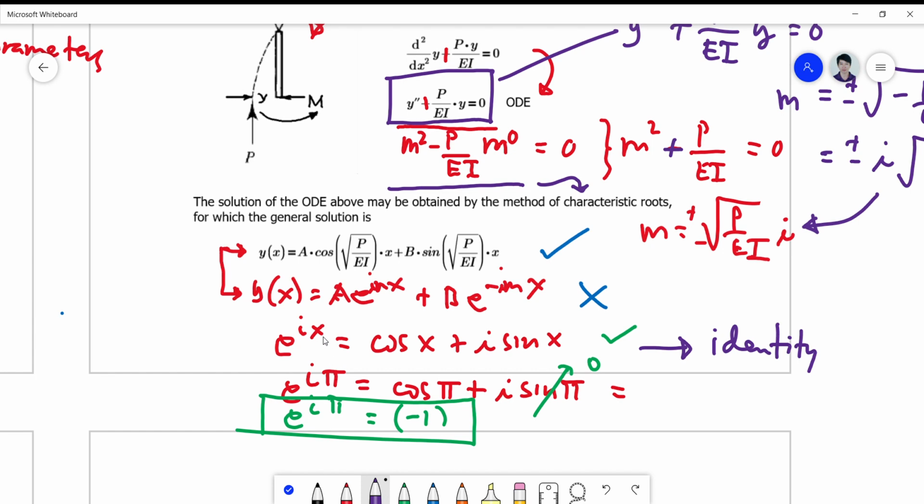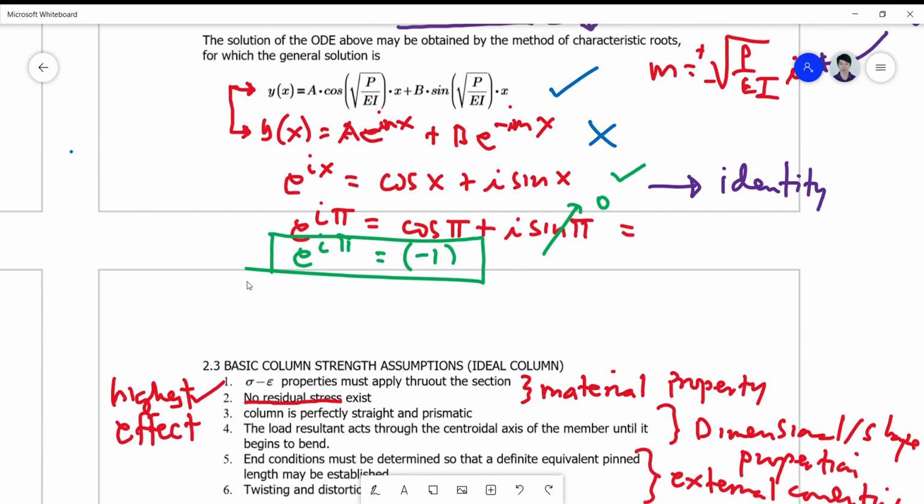If x is equal to pi, then e to the i pi is simply equal to cosine of pi plus i sine of pi. But since i is multiplied by 0 here, the sine of pi is 0 and the cosine of pi is negative 1, we have now reduced this identity into a simpler identity that can be very well proven by substituting the value of e.